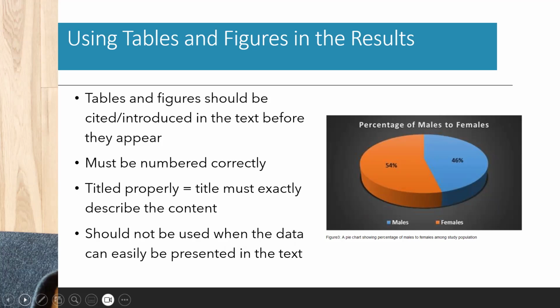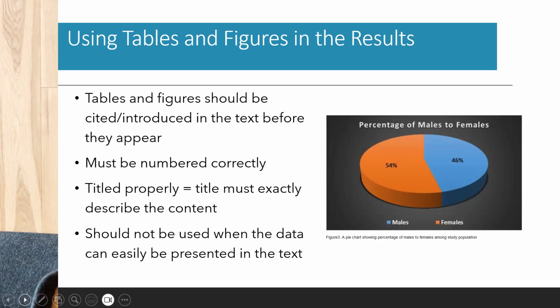My favorite example for this is the sex at birth proportion that's usually shown. You're only talking about two groups, male and females. So don't waste one figure for that. You can actually say that in one sentence. We had 80% male participants and 20% female. That's it.